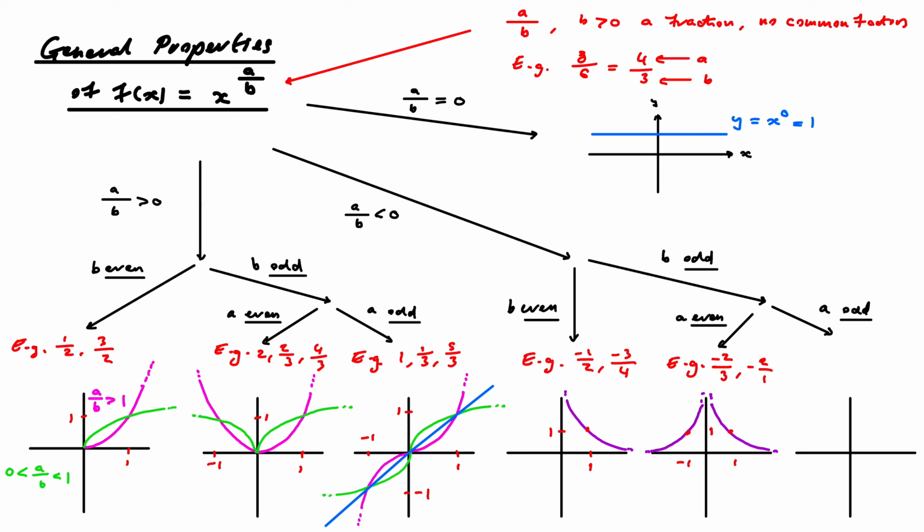And lastly, odd, odd, and negative. This looks like, well, for example, let's just do it. This could be A is -1, B is -1, or B is 1. So that would correspond to x to the power -1. So e.g. you could have -1, or you could have -1/3, something like that.